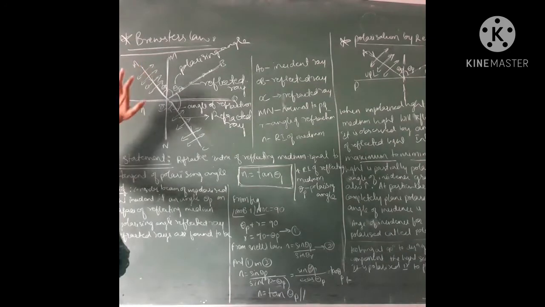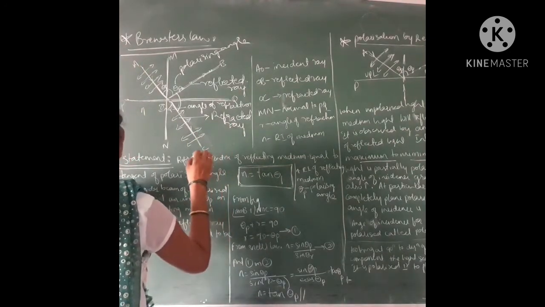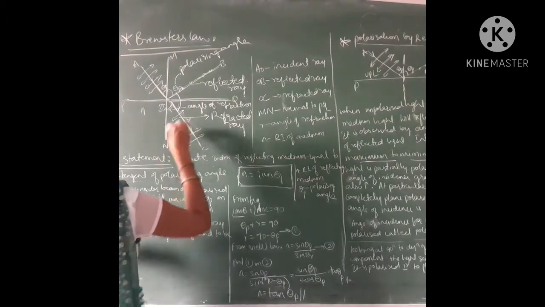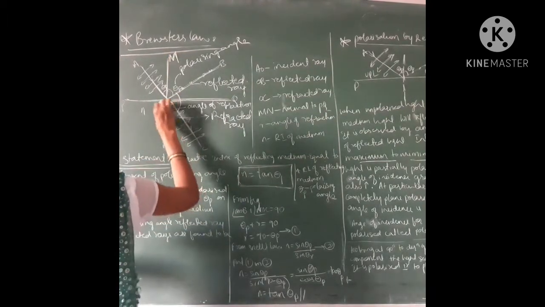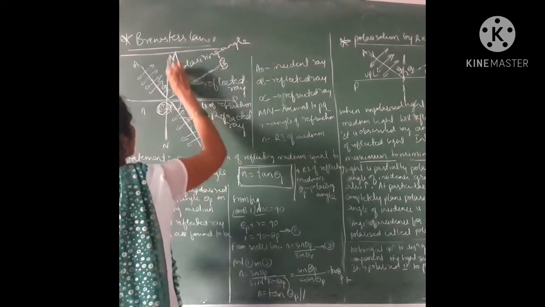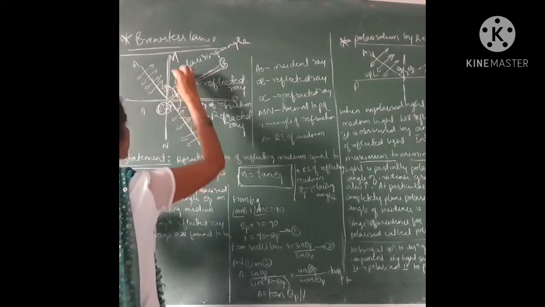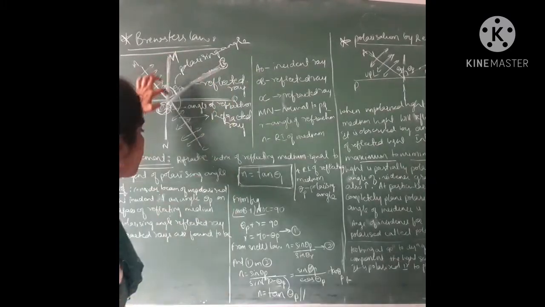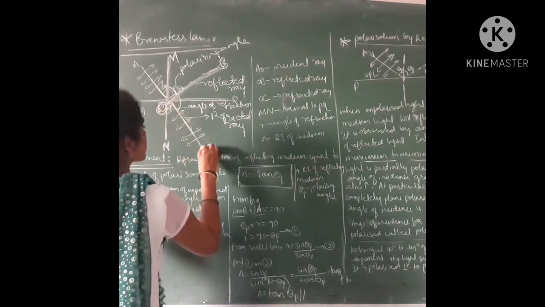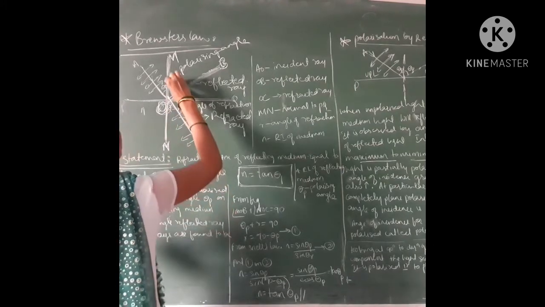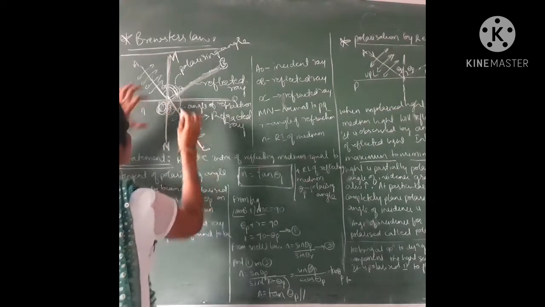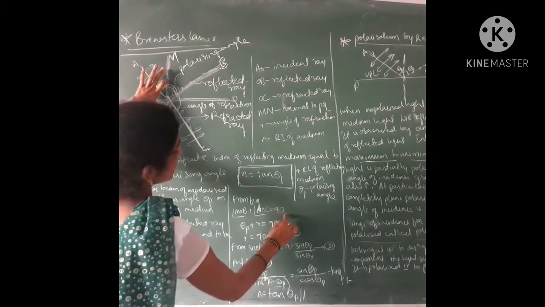From this diagram, consider angle MOB, where this is M, this is O and this is B, plus angle NOC, where this is N, this is O and this is C. The sum of these two is 90 degrees.